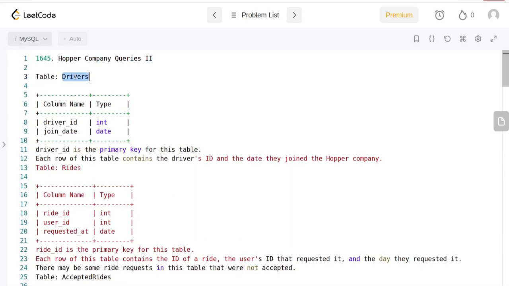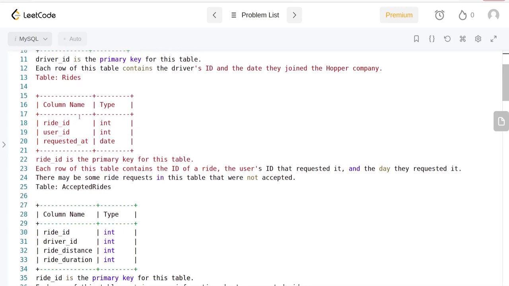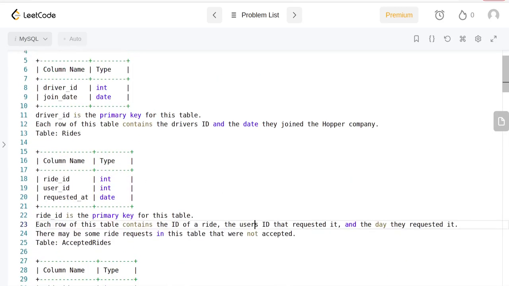So we have been given the drivers table. It has a driver ID and a join date, when that driver joined the company. The structure didn't change from the previous question. We have rides here, where the ride ID is the primary key and is the ID of the particular ride.